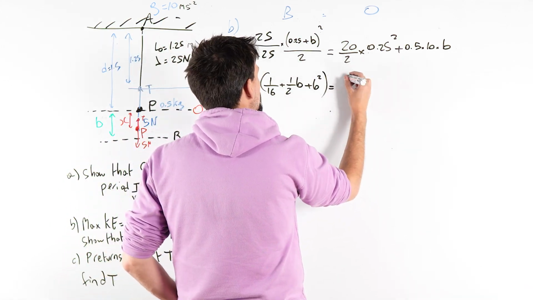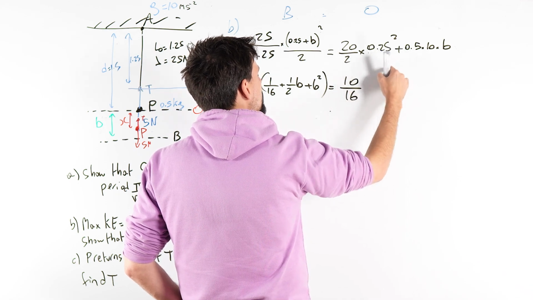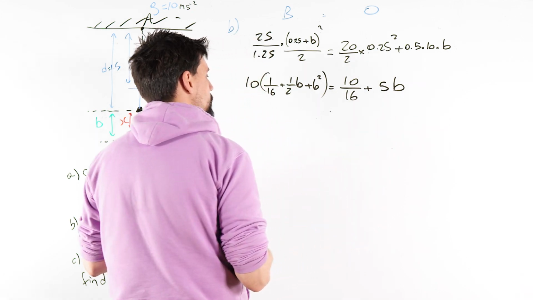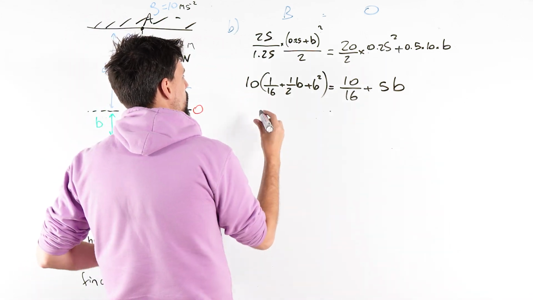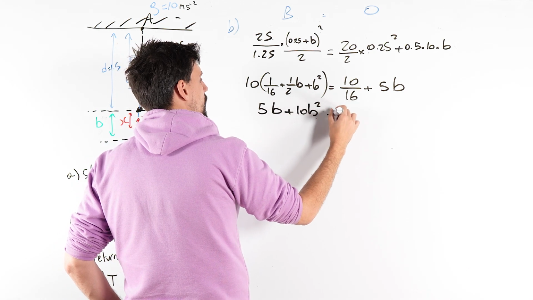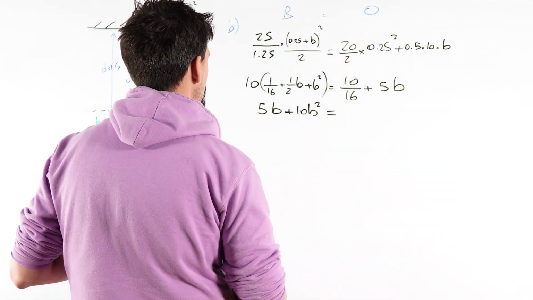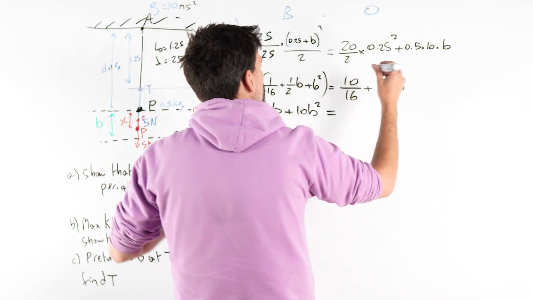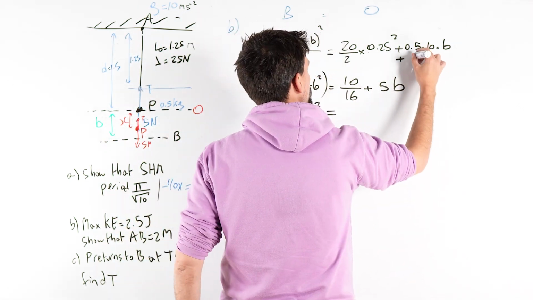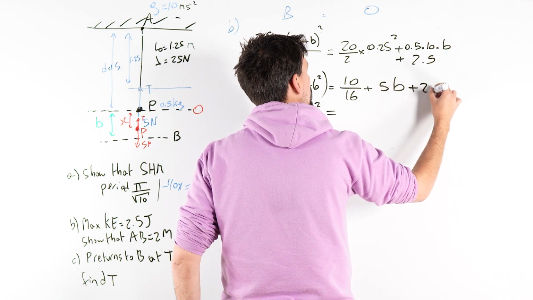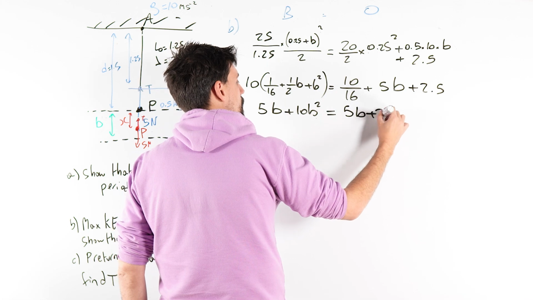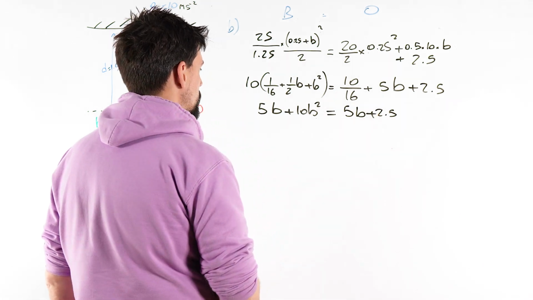That's 10 over 16 from that term, so that's nice, plus 5b. So what do we end up with here? I end up with 5b plus 10b squared. Oh, that's not good. Oh, ha ha ha. Plus my kinetic energy. Right, at this point here I have kinetic energy, which is 2.5. So that is equal to 5b plus 2.5.